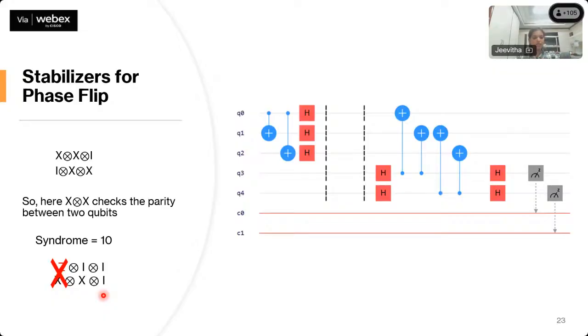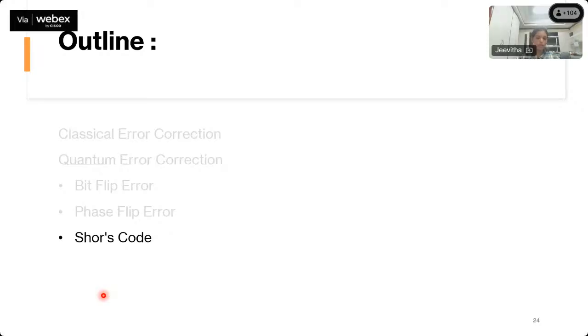So this stabilizer helps to detect the error. So that was all about the 3-bit repetition code, about bit flip and phase flip error with respect to the 3-bit repetition code. Next, let's get into Shor's code.